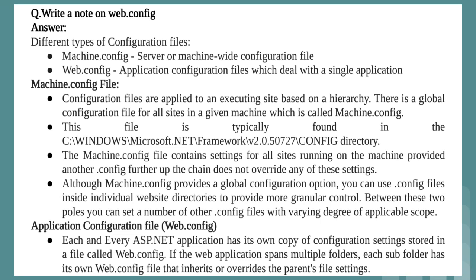If the web application spans multiple folders, each subfolder has its own web.config file that inherits or overrides the parent's file settings. So for each and every website we are going to have a separate web.config file.